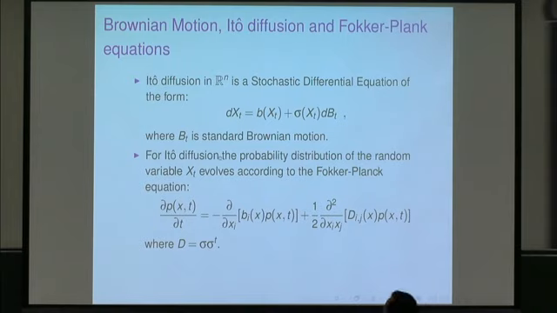Now where Brownian bridges come in is if you look at a standard Ito diffusion on R^n, which is defined by a stochastic differential equation with a drift b and a diffusion coefficient sigma that depends on your position as you're evolving.